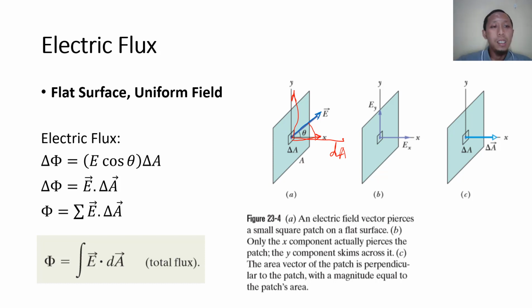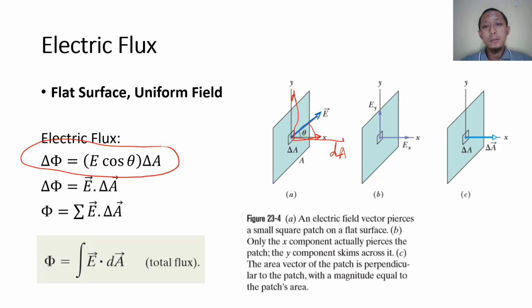So we can easily get the delta flux is E cosine theta multiplied by delta A, where the delta flux is the flux in some specific area, and delta A is a specific area or specific surface in the object.